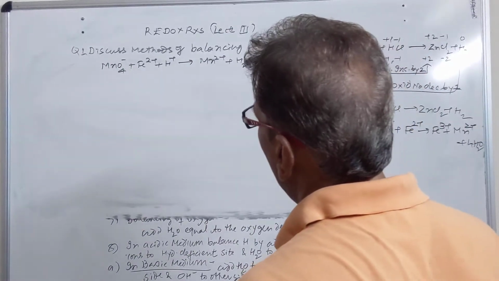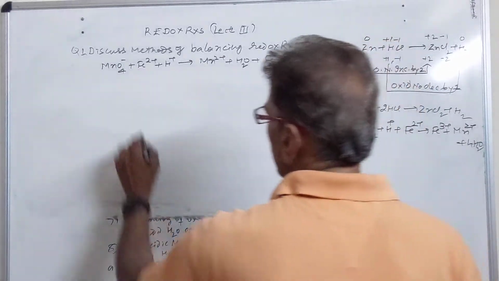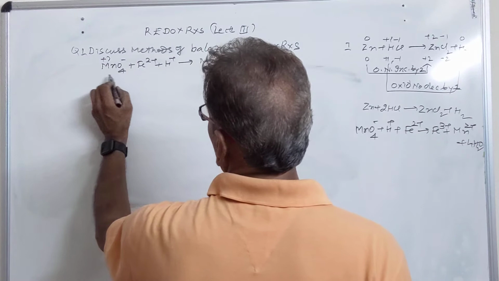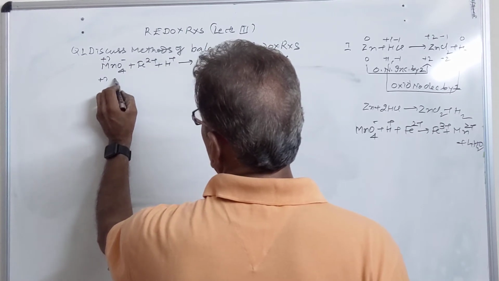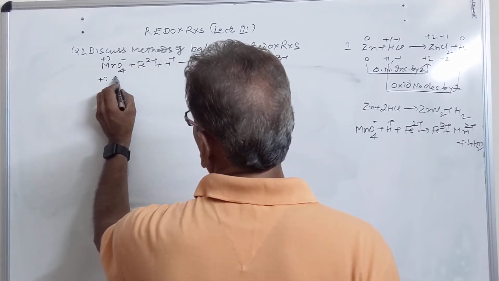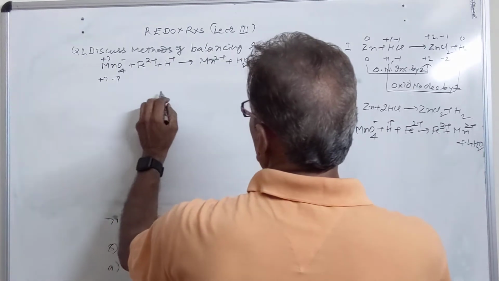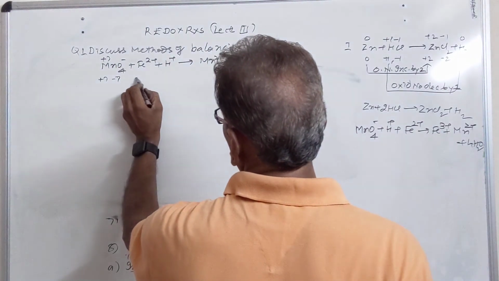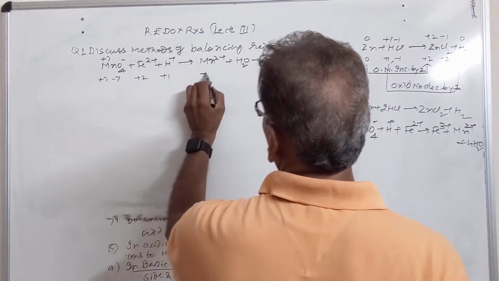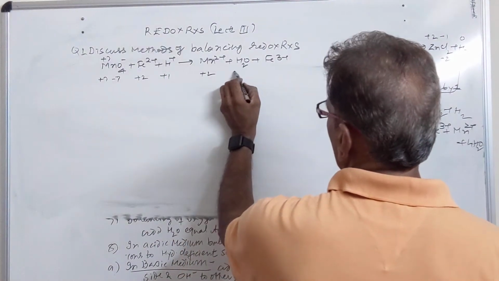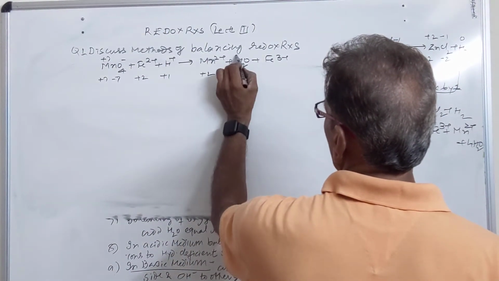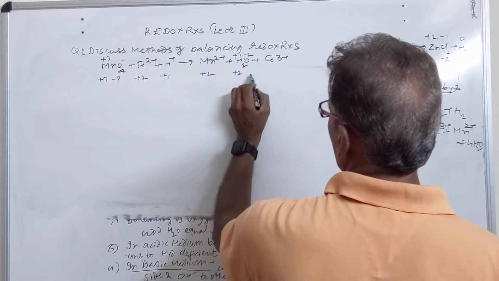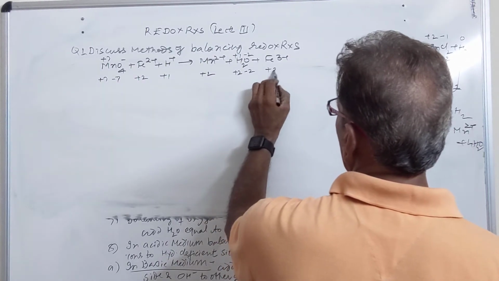Now what to do here? Write the oxidation number of all the species. It is plus 7 on manganese, minus 8, minus 7 on oxygen. In this case plus 2, hydrogen is plus 1, total plus 2, plus 1, minus 2, minus 2, iron is plus 3.